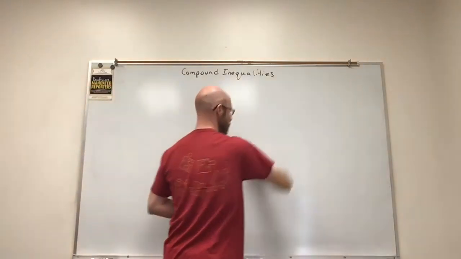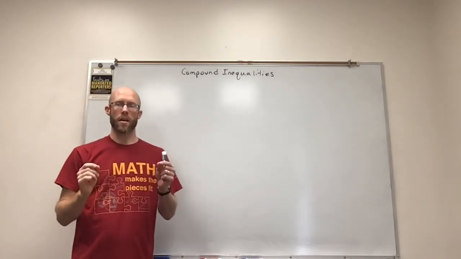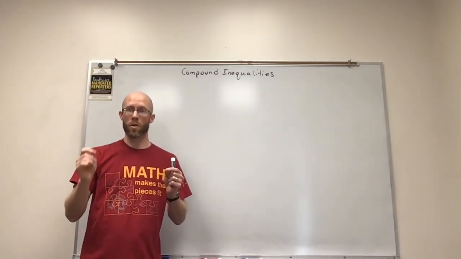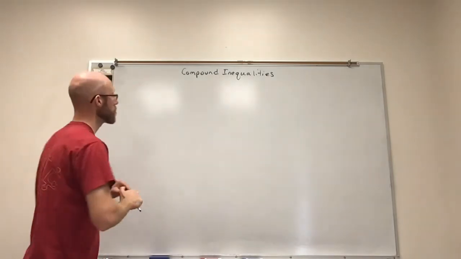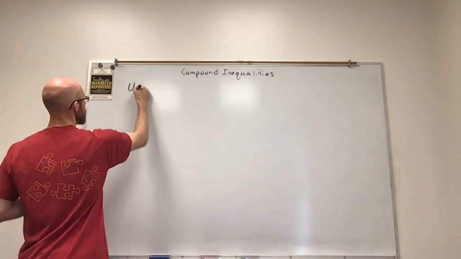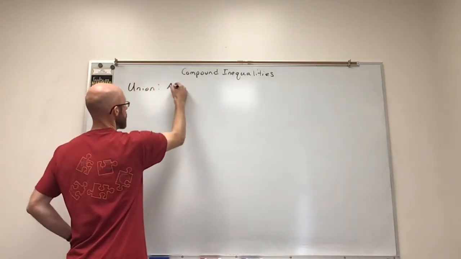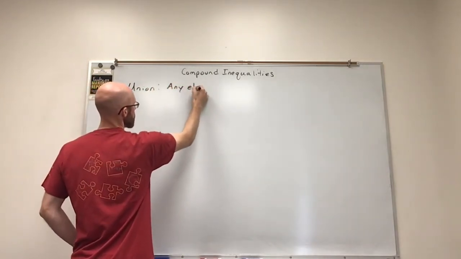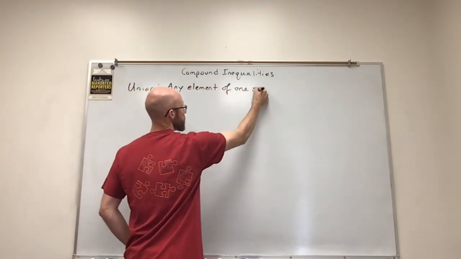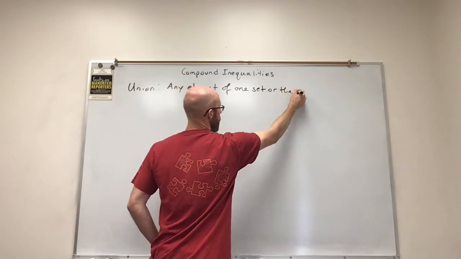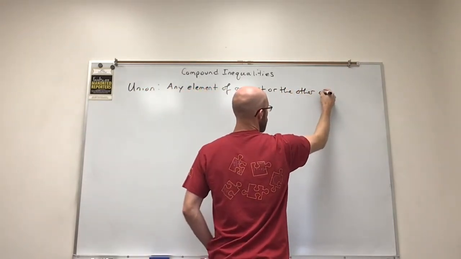So we talked about intervals, and now unions are where we look at any element of one set or the other, or both. They can be in any of them. Okay, so a union of two sets is any element of one set or the other, or both.